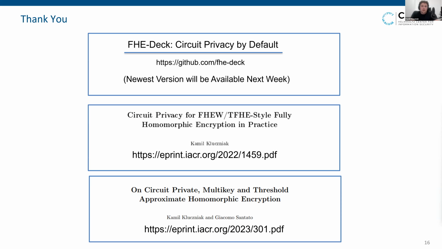And it is possible to come up with a circuit private CKKS scheme that satisfies some notion of circuit privacy.